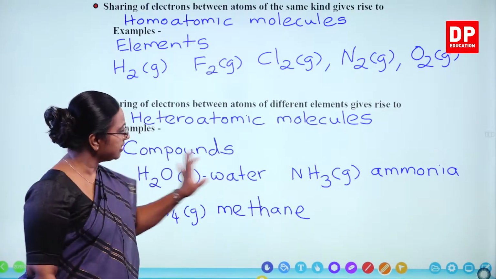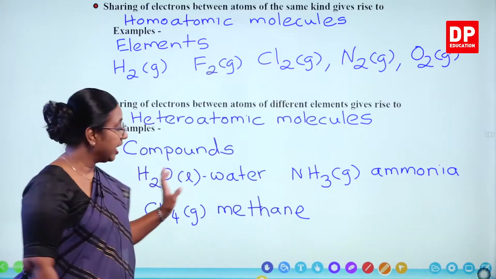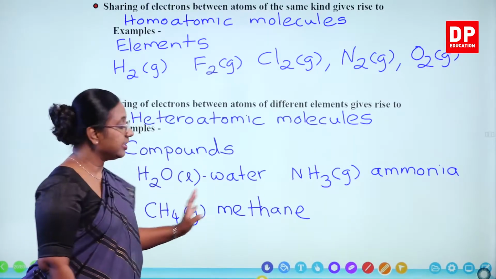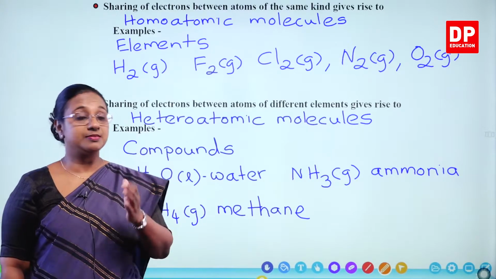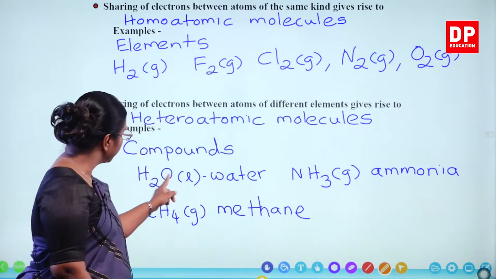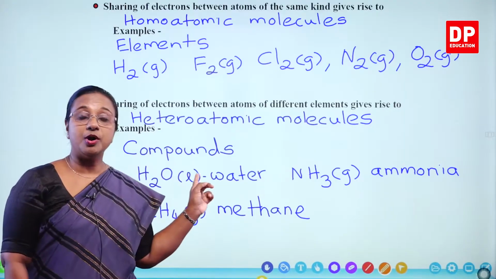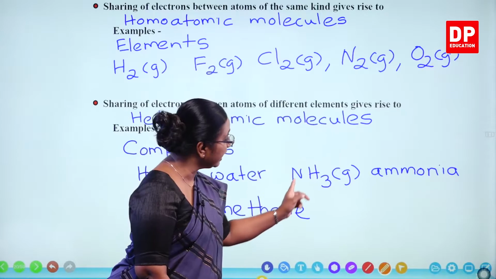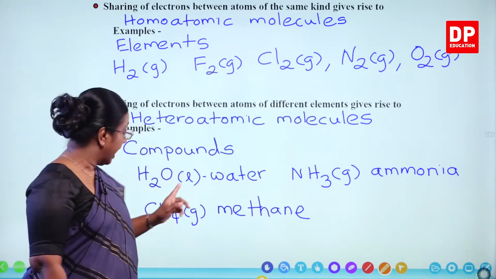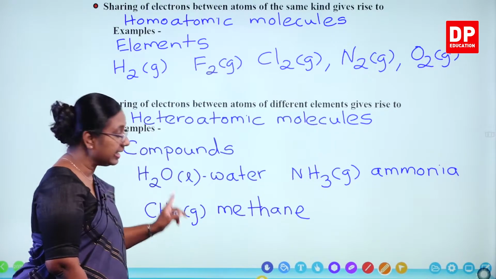Now you can see these are simple molecules. H2O, NH3, CH4, all of them contain covalent bonds within them. The H and O bond, the OH bond, is going to be a covalent bond there. Here it is going to be the NH bond. And here this is going to be the CH bond.